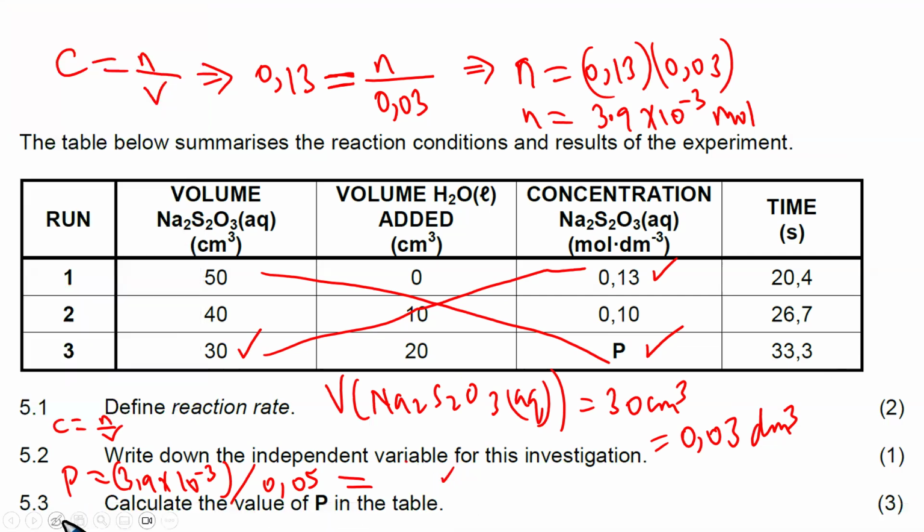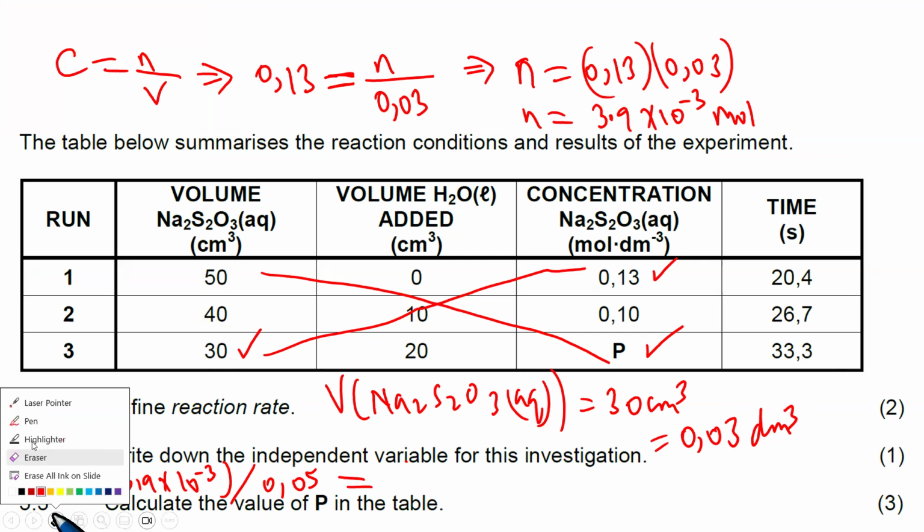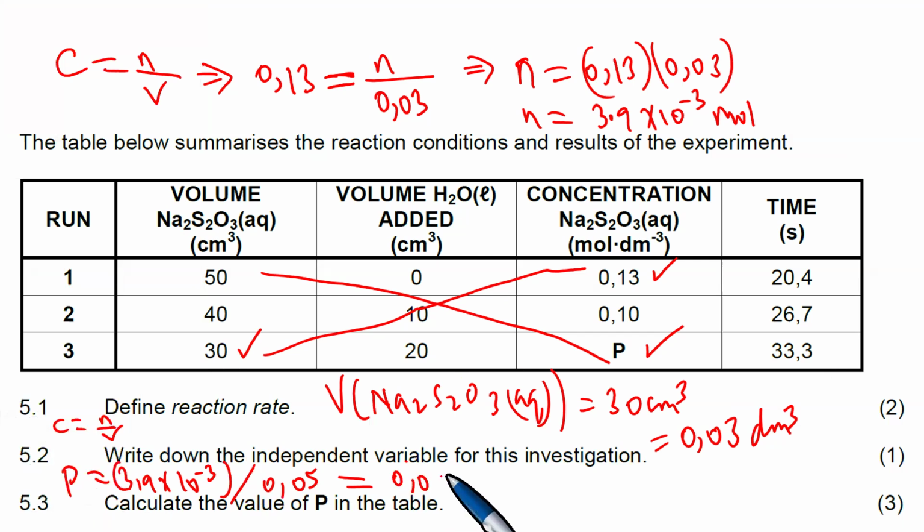Concentration is in moles per cubic decimeters, which is 0.078 moles per cubic decimeters. So that is the value of P.